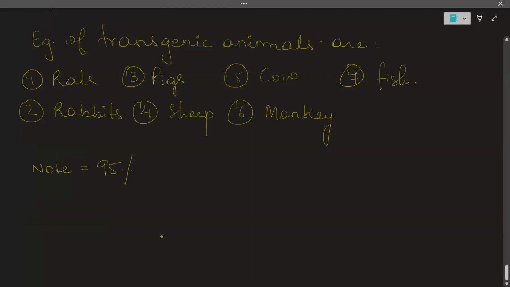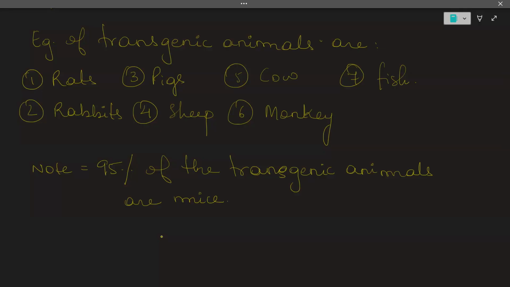But all in all, out of all of these, remember that 95% of all the transgenic animals, which one do you think is the most common, students? They are mice. So 95% of all the transgenic animals are mice. The rest all come under that 5%.